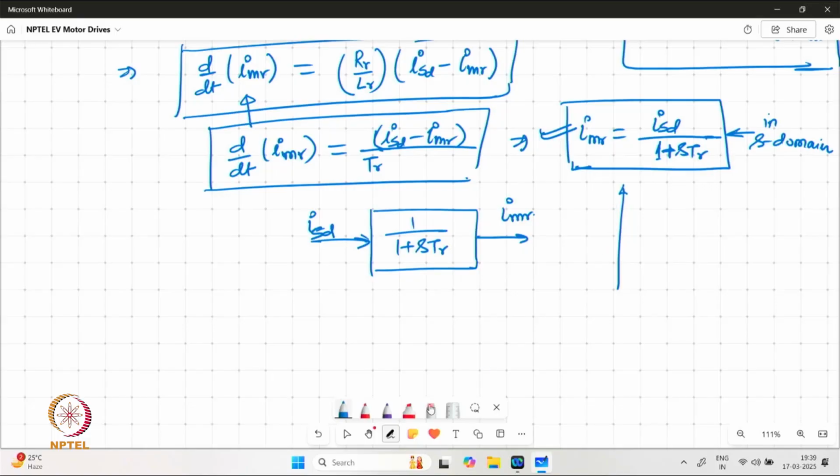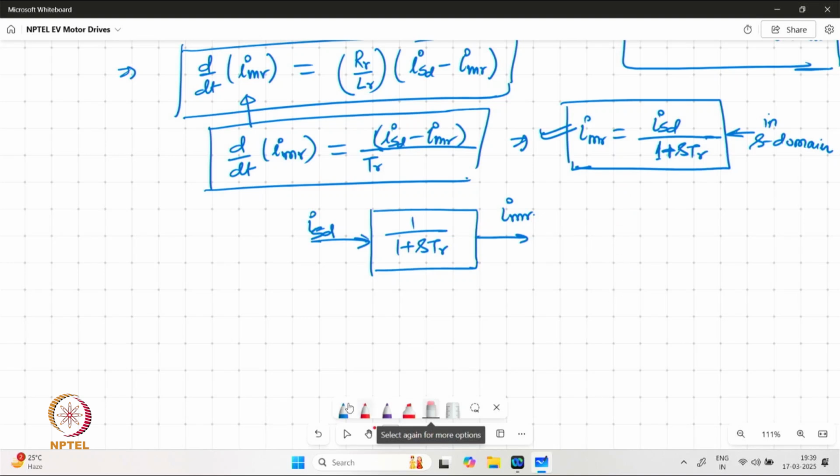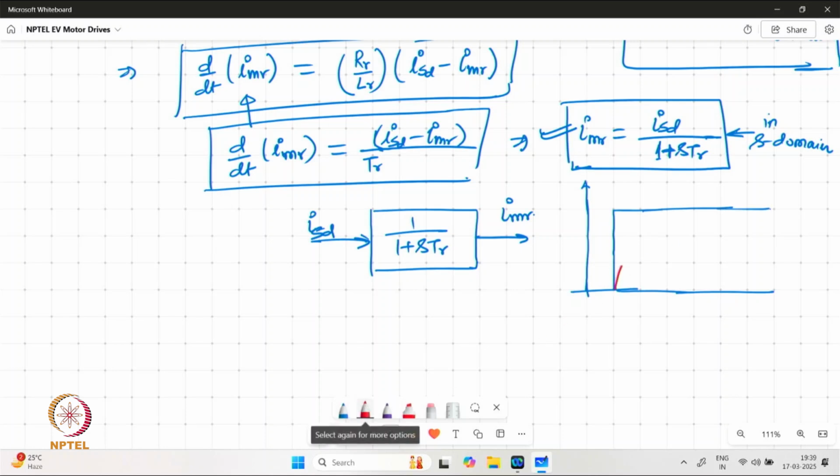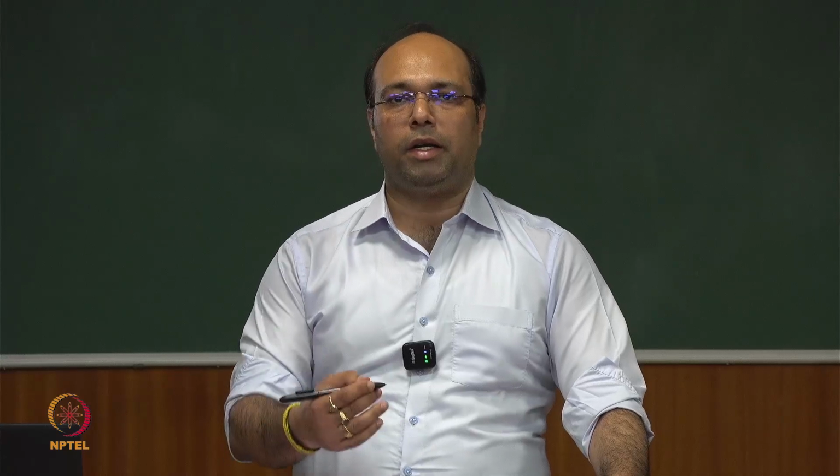In terms of response, if we see, if there is a step change in ISD, IMR is always going to change according to the time constant of rotor. So we will always see a lag between IMR and ISD. So ISD is the component which is responsible for generating flux in the machine. However, that flux is not immediately achieved.